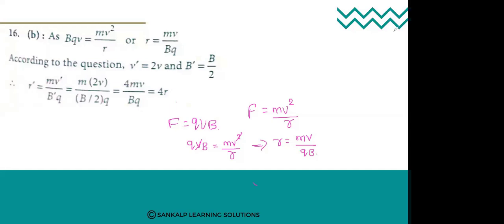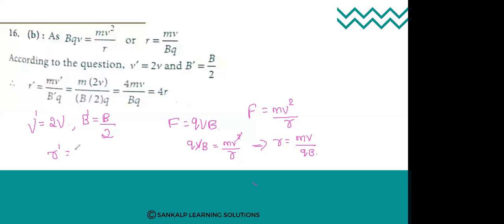right? So according to the question, the velocity is becoming twice and the magnetic field is becoming half of the initial value. Means new magnetic field is half of the initial value. New velocity is twice of the initial value. Okay, so according to this, the new radius will be r dash.